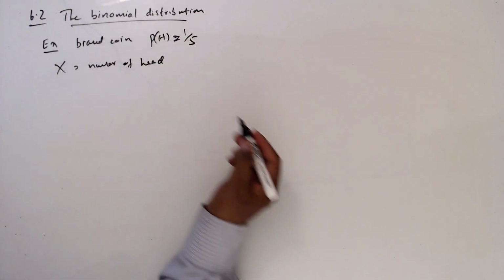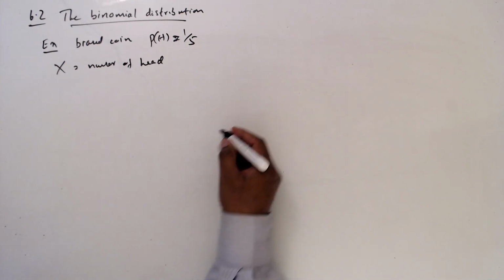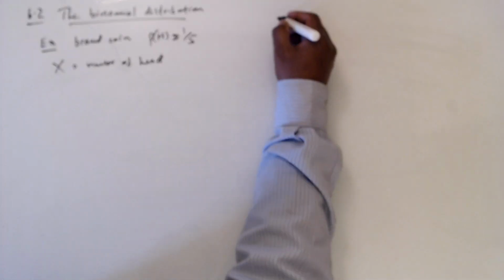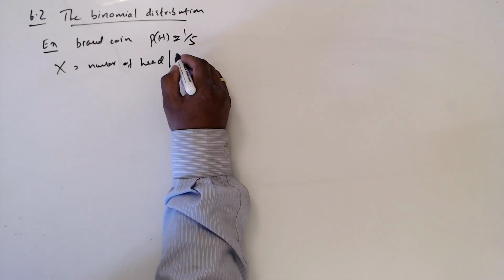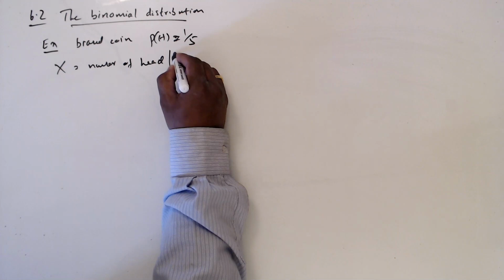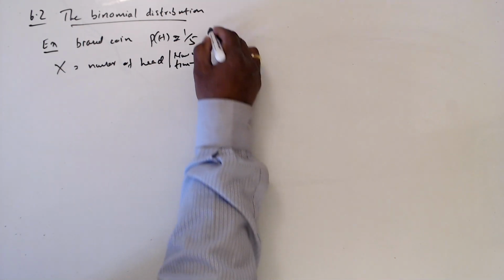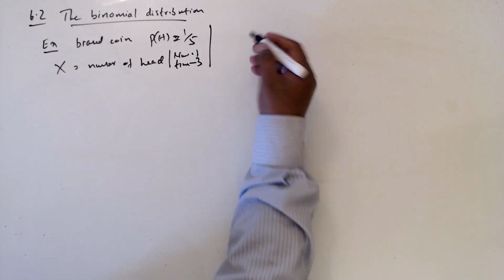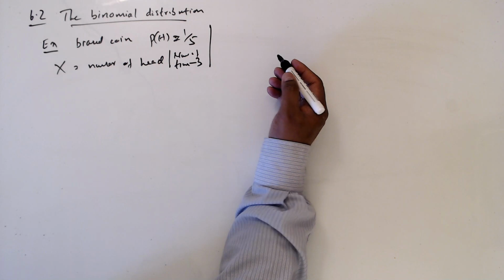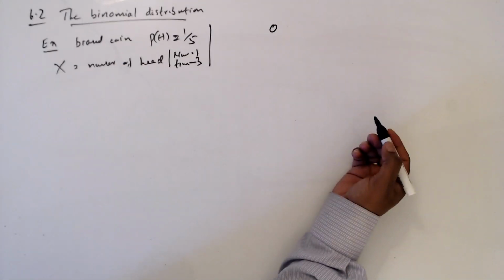You count the number of heads. I am tossing 3 times. So when we toss a coin 3 times, sometimes we may not get any heads at all. So this is the distribution.